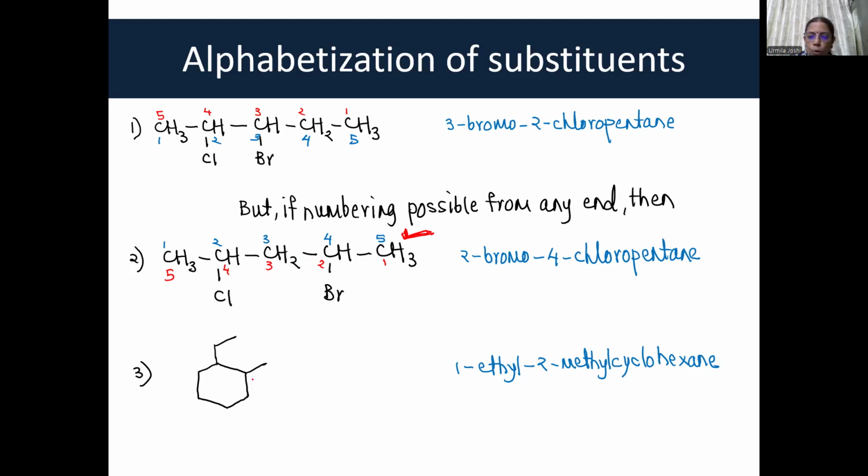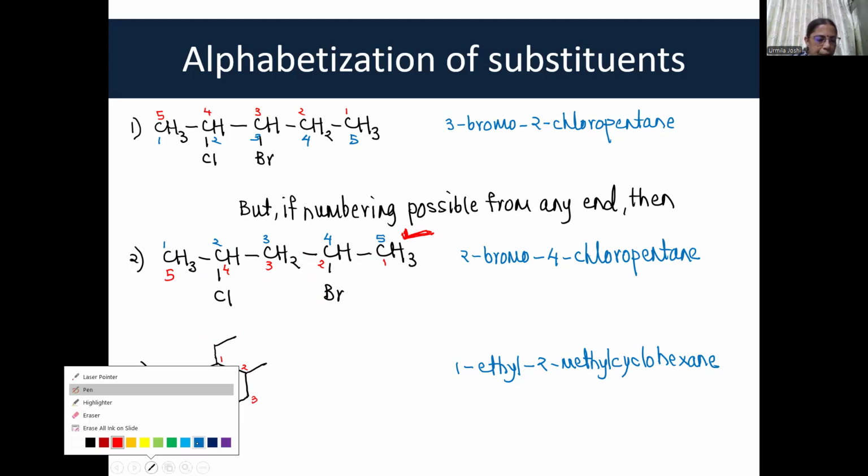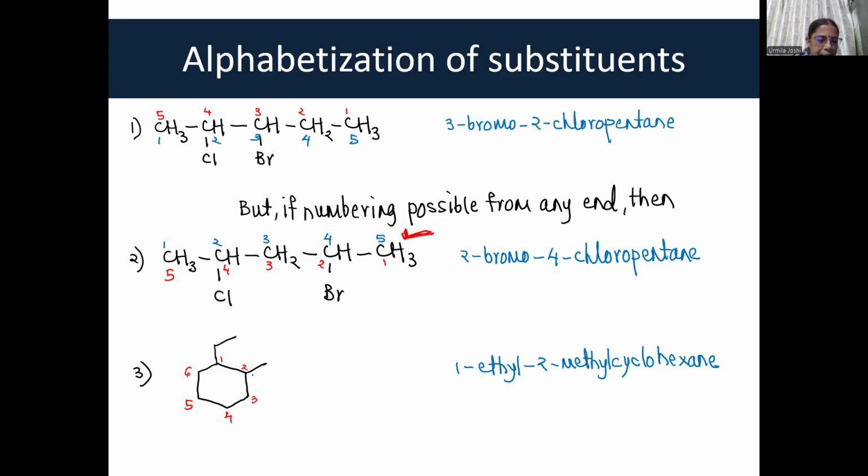Same is the case over here, cyclohexane. Okay. You can number this cyclohexane as 1, 2, 3, 4, 5, 6. Or else you can number this cyclohexane as 1, 2, 3, 4, 5, 6. Any which way, the substituents appear at 1 and 2. Okay. So, which should be taken as 1 and which should be taken as 2?